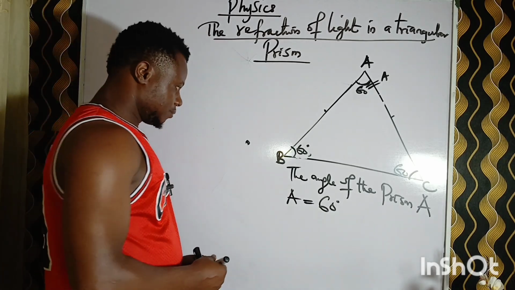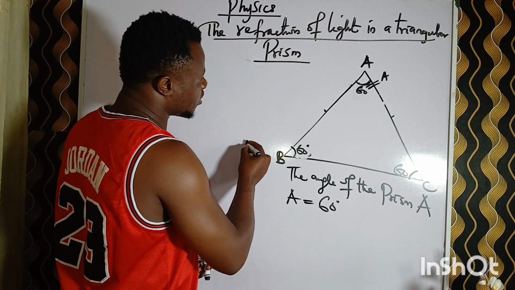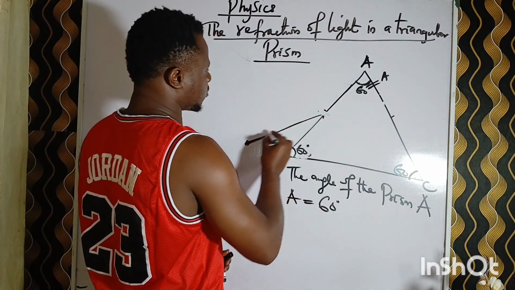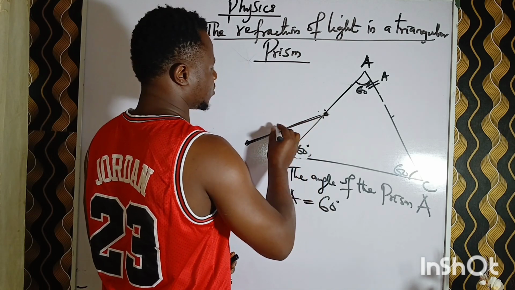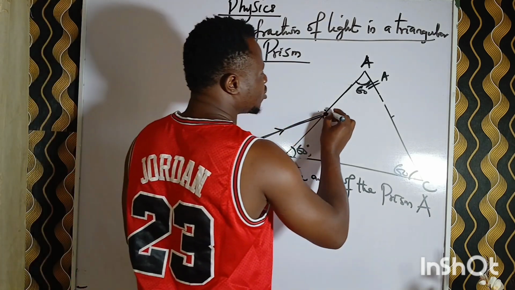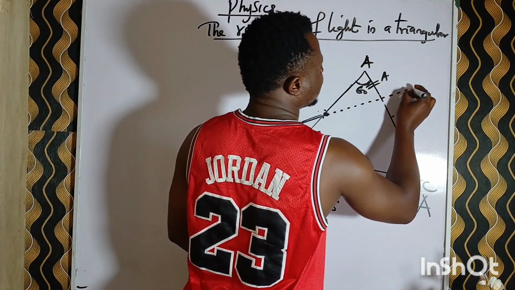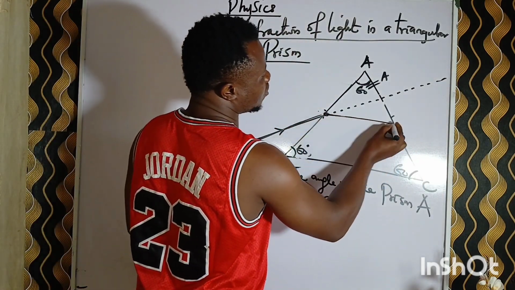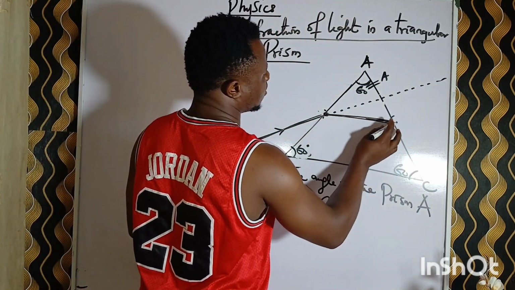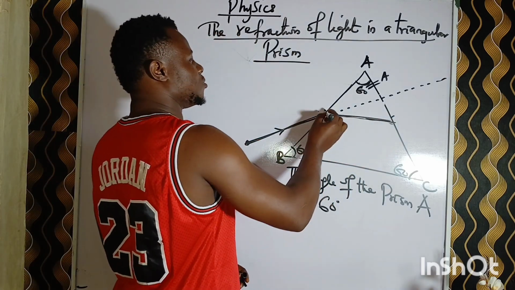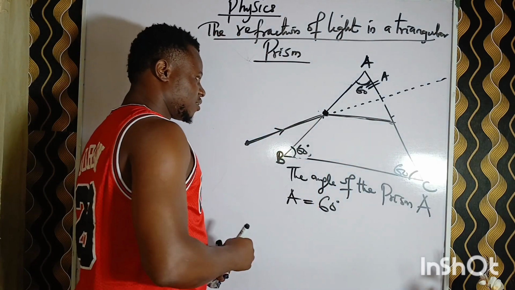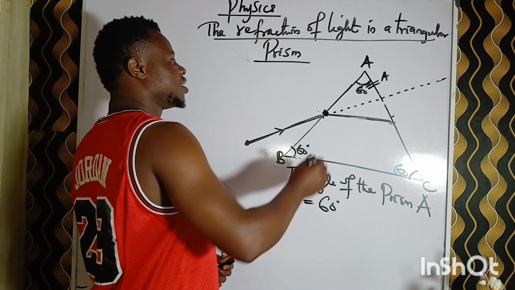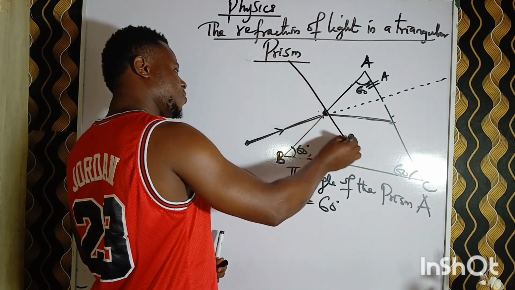Then in that case, if light is coming from here to here, what will happen? On getting to this point, instead of this light traveling straight, it will come here and bend. See the bending effect. Remember, at any interface, there is always a normal.